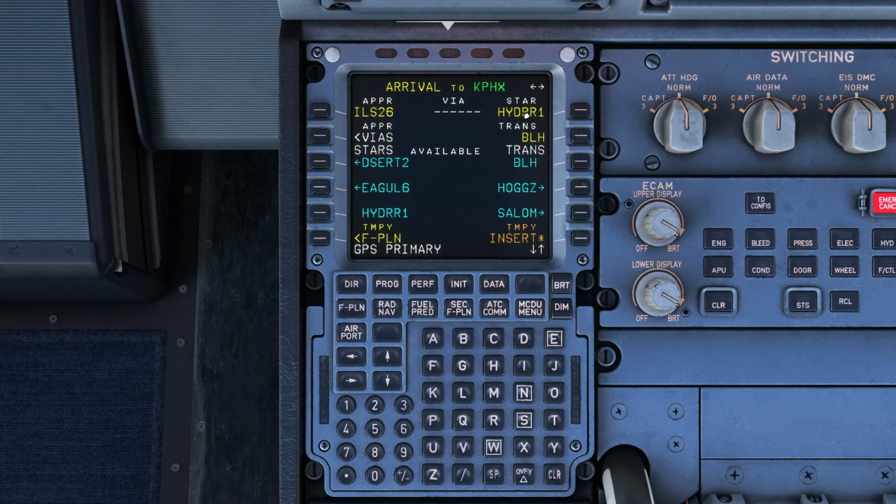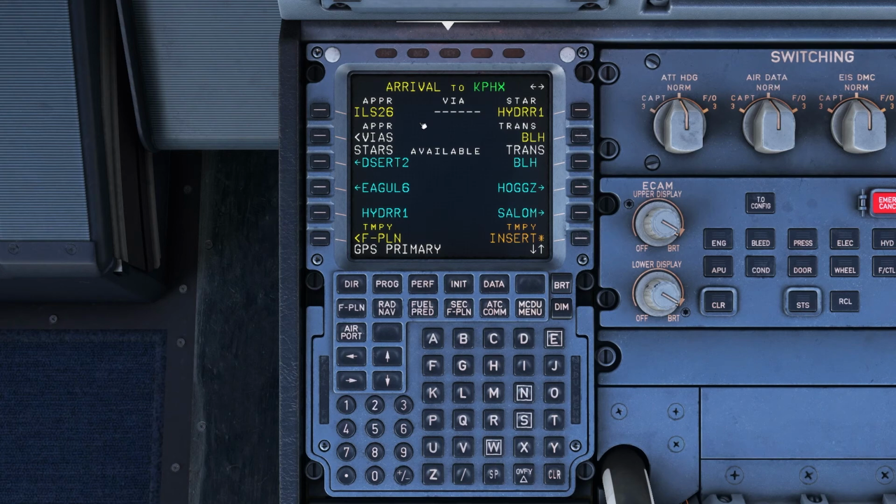Because you are going to ILS 26, the waypoints are going to be different than if you were landing on ILS 8, because you could still land on ILS 8 through the BLH transition and getting onto the Hider 1, but you're going to have a different set of waypoints.